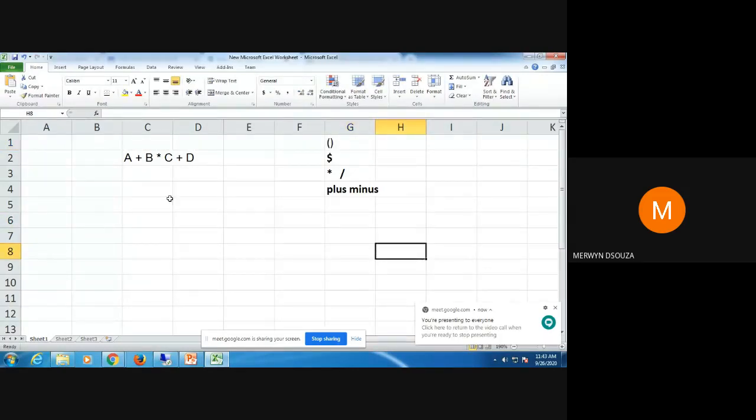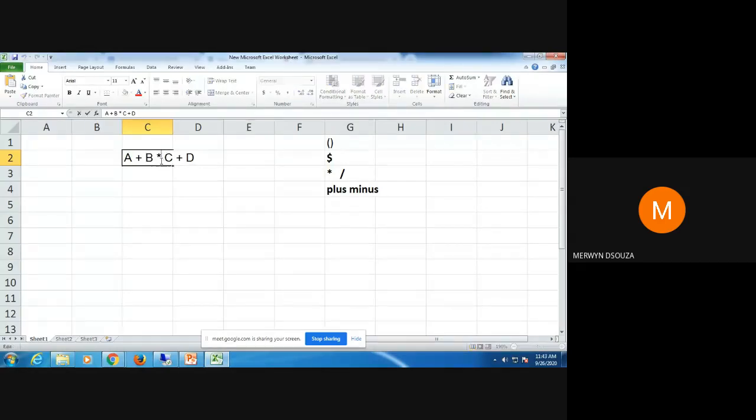In this case, look at the entire expression and find the operator having the highest priority. Who is having the highest priority? Multiply. So you're going to solve that first. Multiply requires two operands. Which are the two operands? B and C.